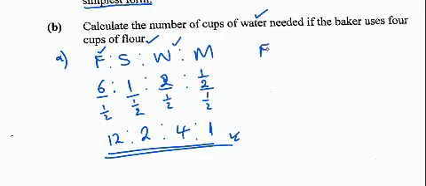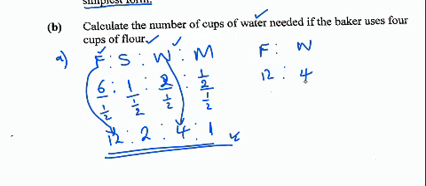So what is the ratio for flour and water? It's 12 is to 4. What is the question? The number of cups of water needed if the baker uses how many cups of flour? 4. So for flour, we have 4 cups.